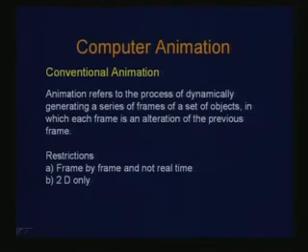Now we are also going to look at how we use computers in conventional animation. Animation refers to the process of dynamically generating a series of frames of a set of objects, or regions in a scene, where each frame is an alteration of the previous frame.